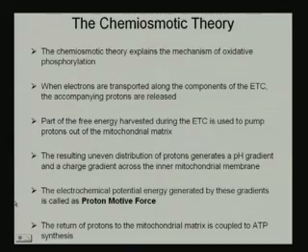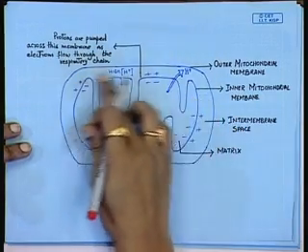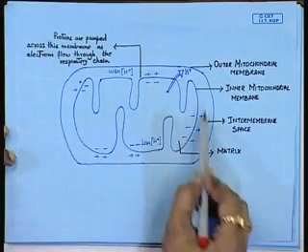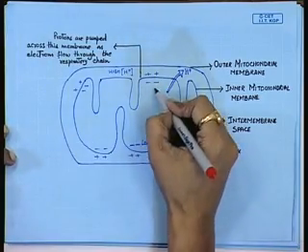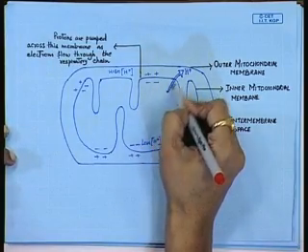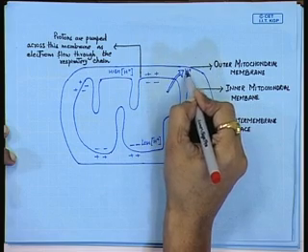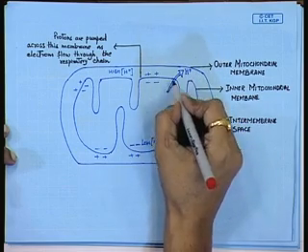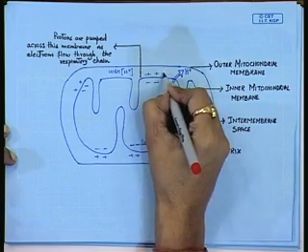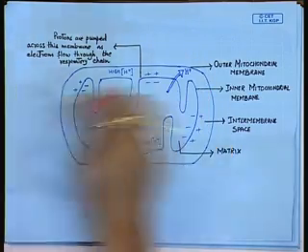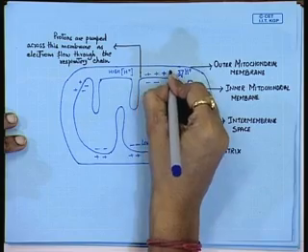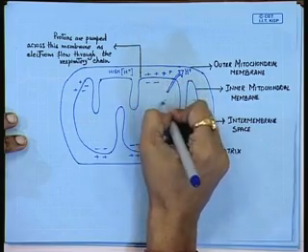Now, here what is happening? When the electron transport chain process is going on, if this is the structure of mitochondria, protons are being pumped out from the matrix to the intermembrane space. The concentration of H+ ions is higher in this place than inside.